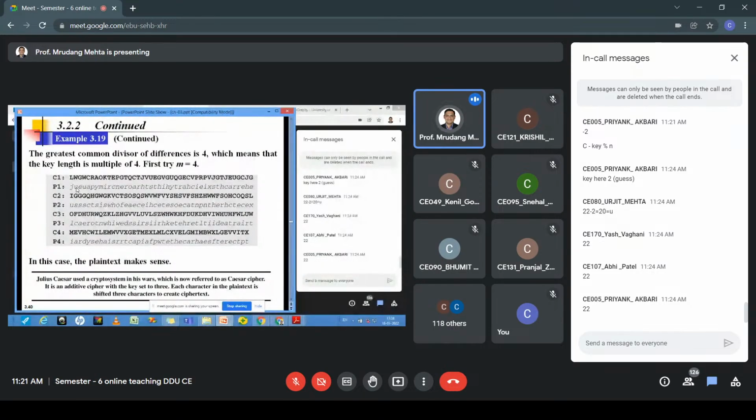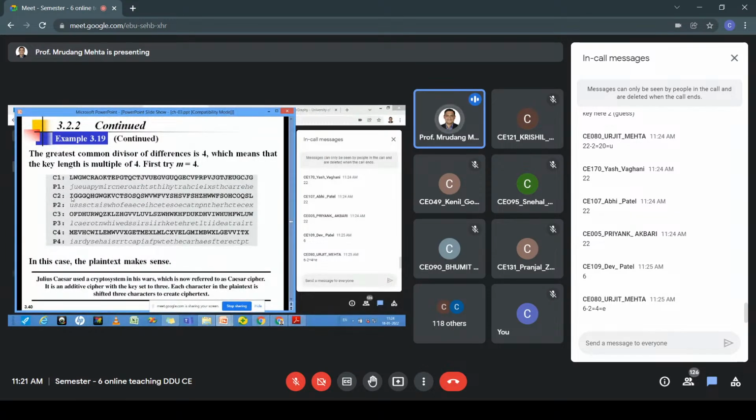Okay, so Urjit is correct. Now for G, what is the value of G? G is 6, and if we take 6 minus 2, we have 4. Okay.